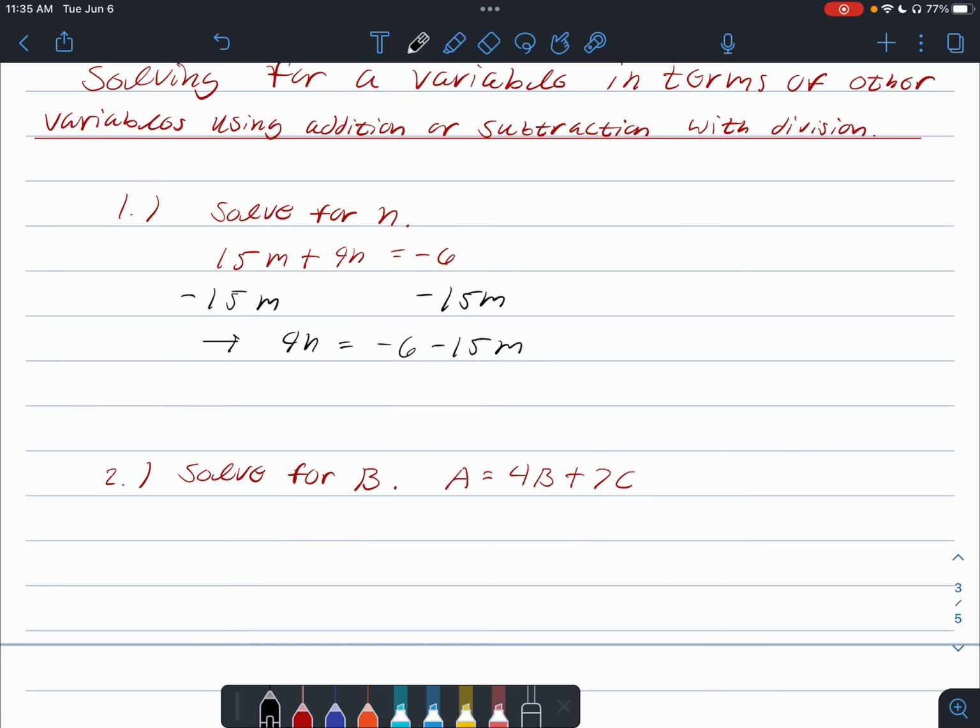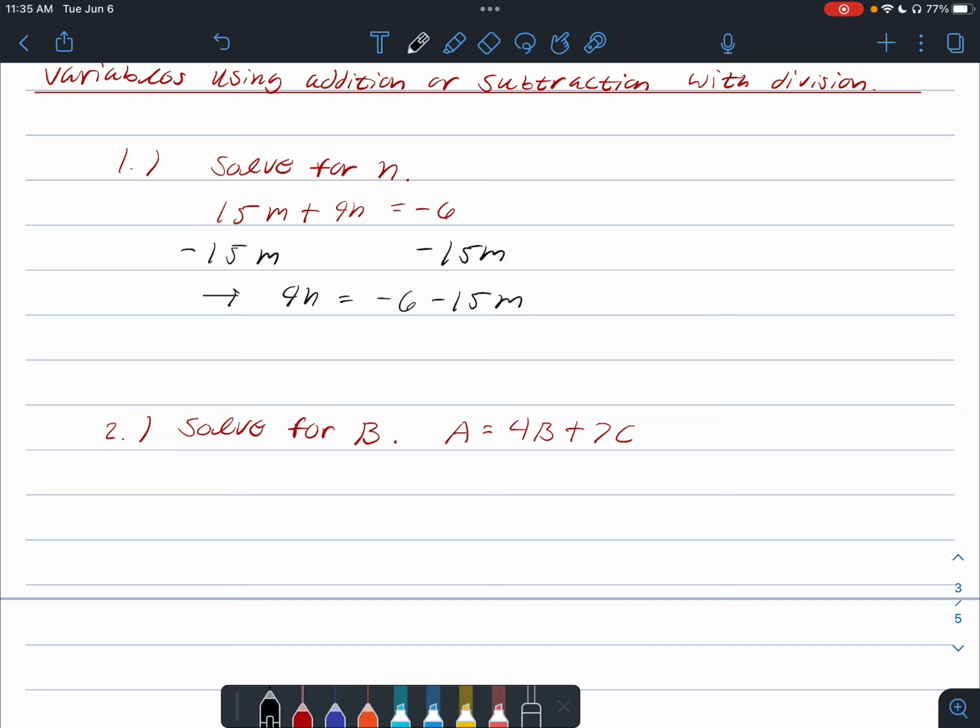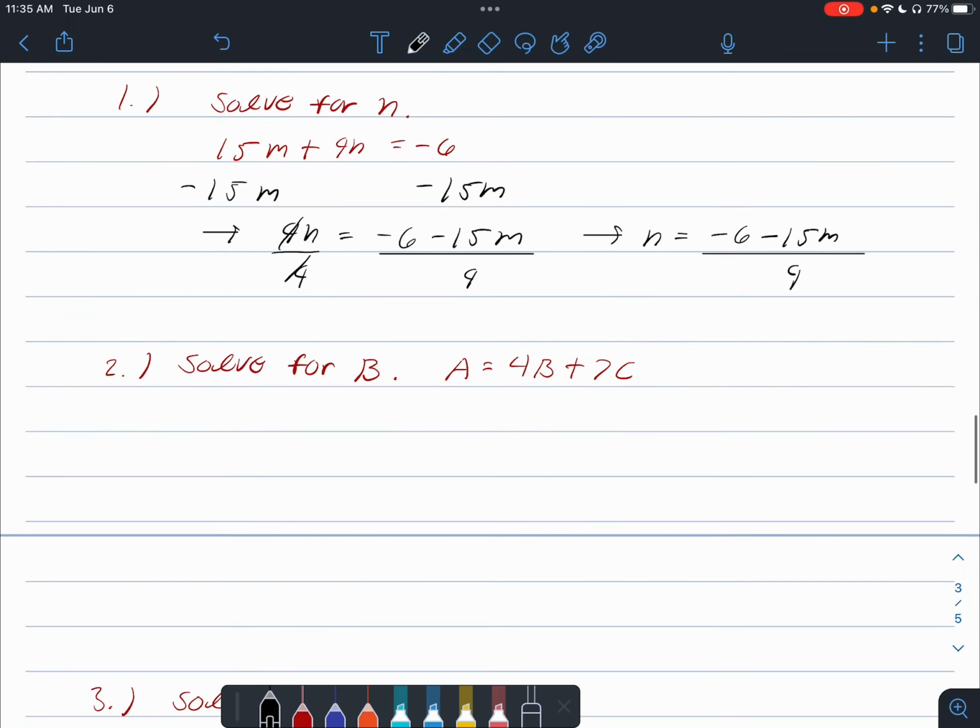Okay, and so now what we can do is divide both sides of the equation by 9. And we now have n is equal to -6 minus 15m all over 9.